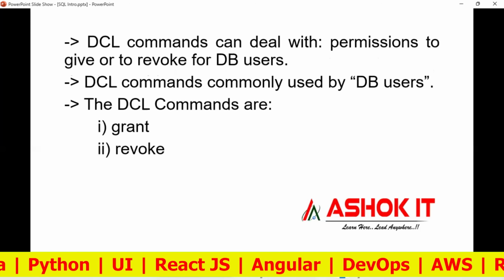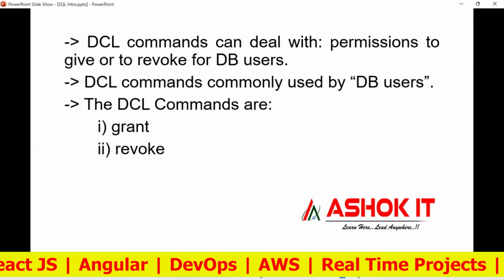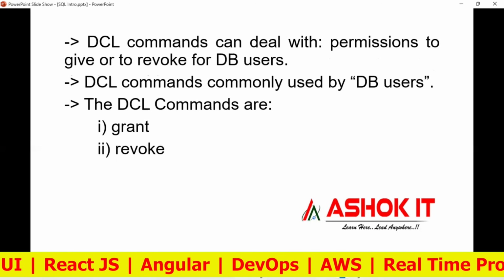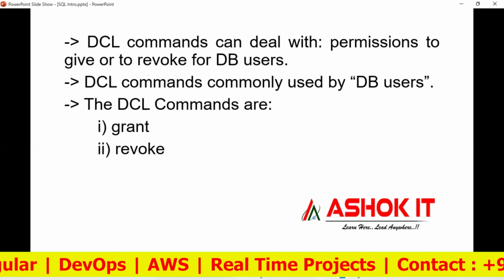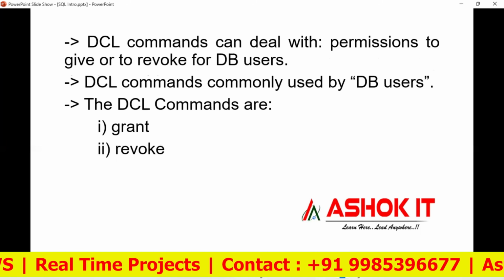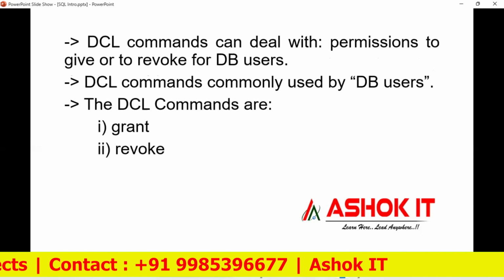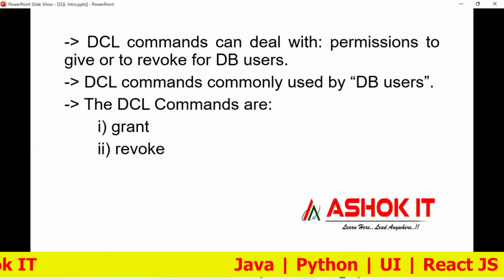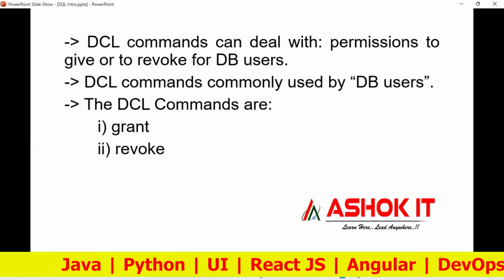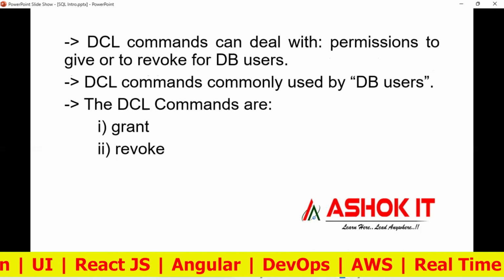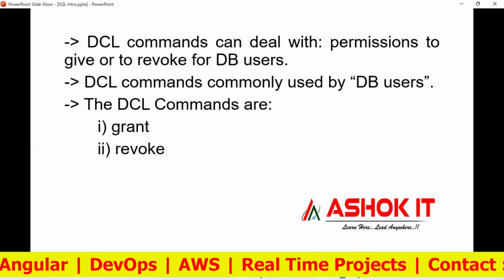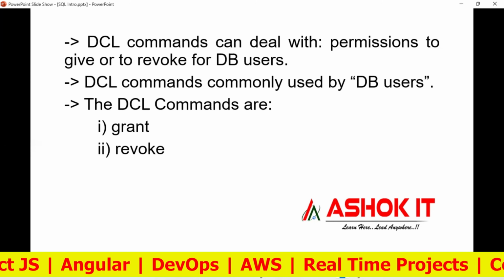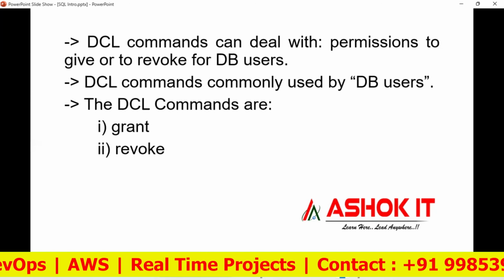Next, DCL commands, data control language commands, deal with permissions to give or permissions to revoke for the database users. When a database user is created by using the DBA account credentials, we need to provide the permissions to create or handle or deal with the database objects.